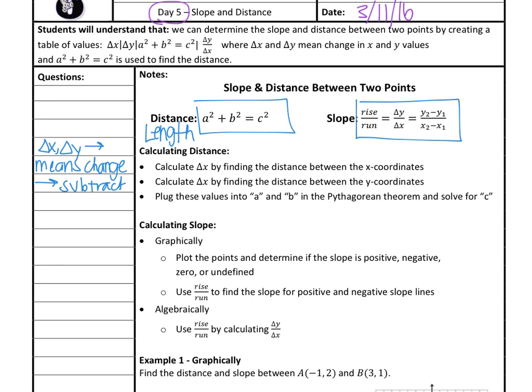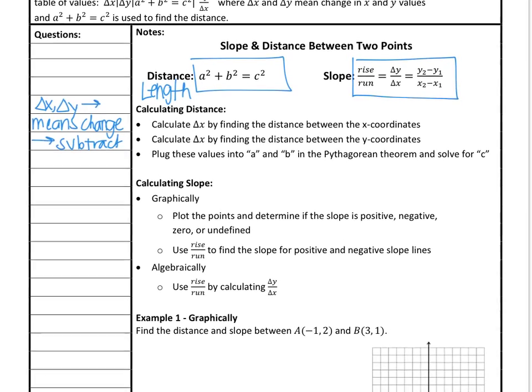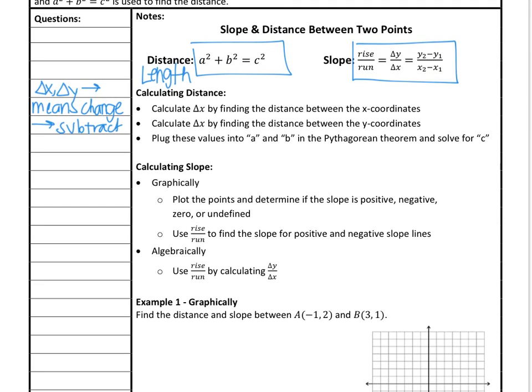So our steps for distance and steps for slope are written out right above here, or right below here, depending on how you're looking at it. We're going to jump right into an example, and if you need to, you can refer back to this stuff up top on calculating slope and calculating distance.